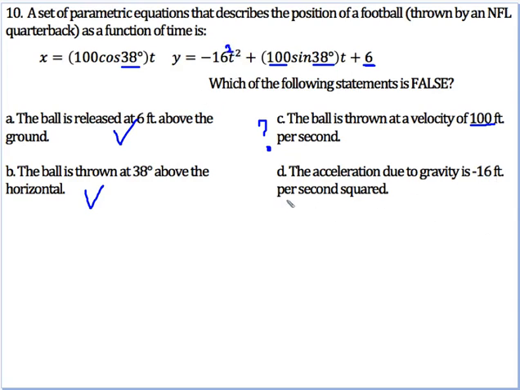If it says feet per second squared, then that is false. It's just multiplied by 16. It should not, t is squared, not your 16. Are we good there? So for C, it would be fine, but D is definitely wrong.